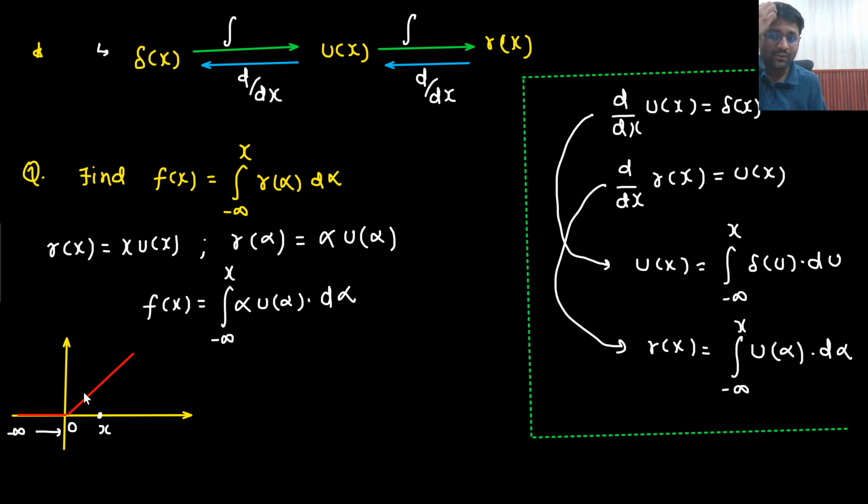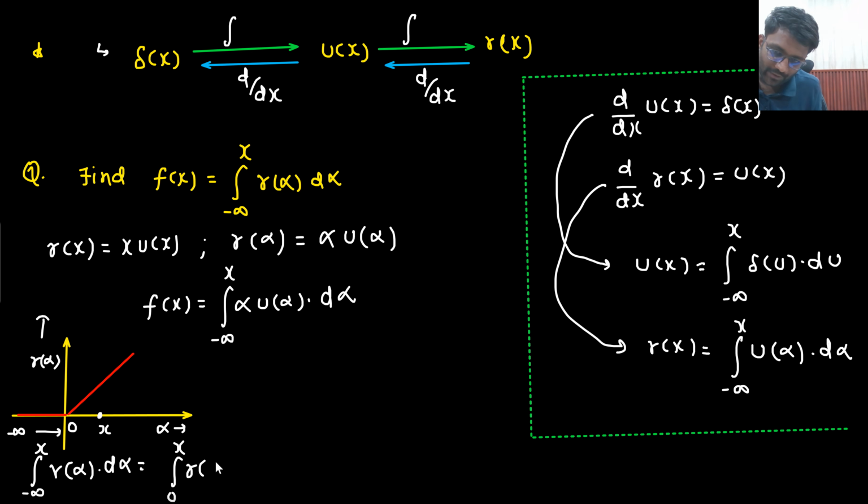So from 0 to x, whatever the result I will get, the same result I will get from minus infinity to x as well. What I mean to say is that minus infinity to x, let's just say this graph is R of alpha, R of alpha with respect to alpha. So minus infinity to x, r of alpha d alpha would be equivalent to 0 to x r of alpha d alpha. Do you agree to this point or not?